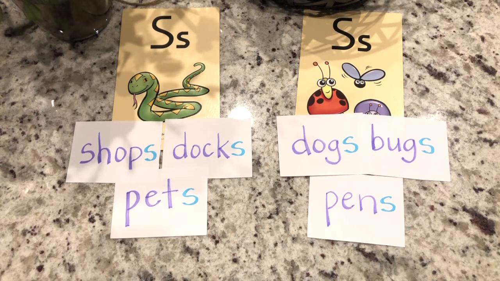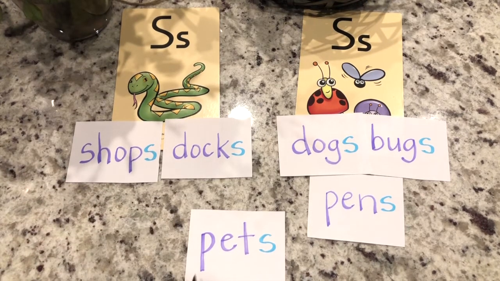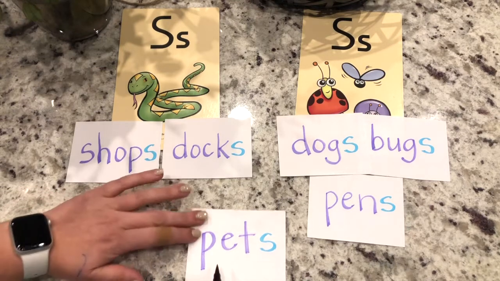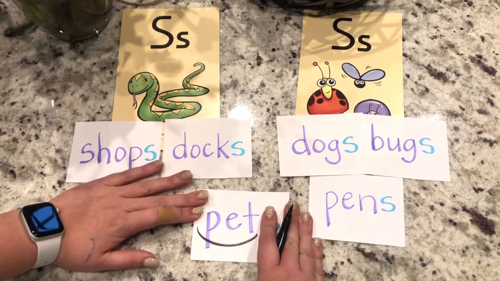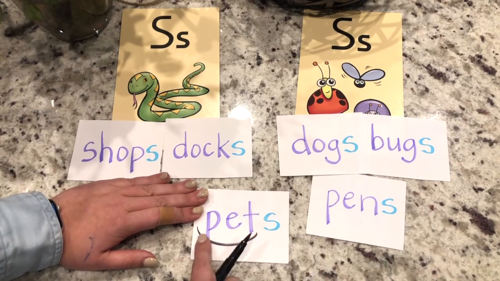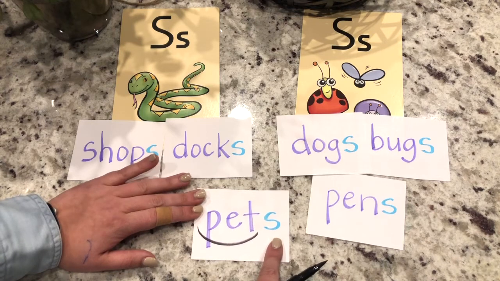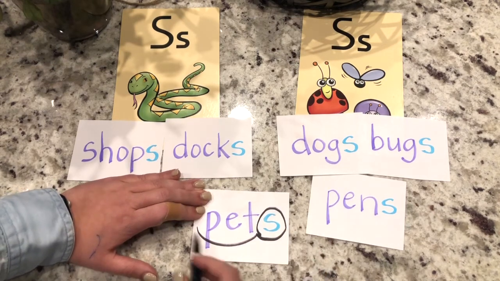As I go, I'm going to show you how to mark up words with the suffix s. Here's the word pets. The base word is pet. Without the suffix s, pet is singular. There's only one. But with pets, I know there's more than one pet. I circle the suffix s after I scoop the base word.